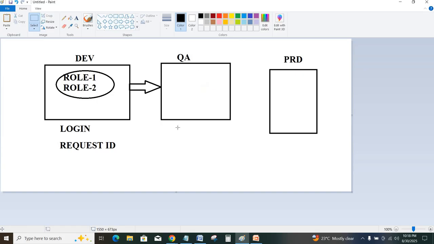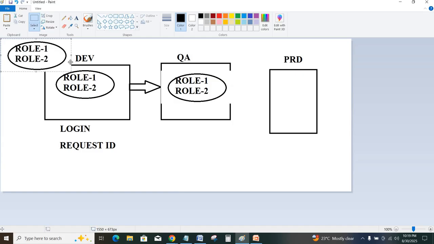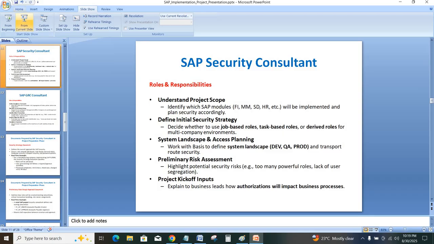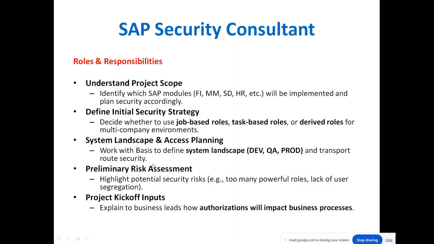If I do not move it, even if I log into QA, I cannot see these two roles. This is called transport request management. I'll take one session on that. Once I have done the testing and it's working fine, I will move this request to production. Now these two roles are available in PRD. This is called a transport request. There is a separate session on that.